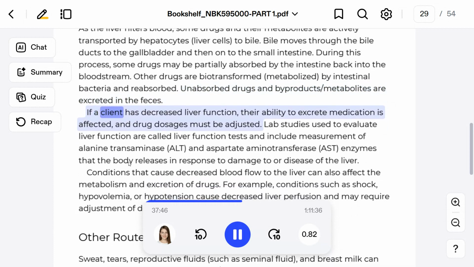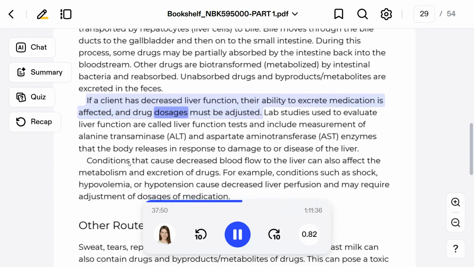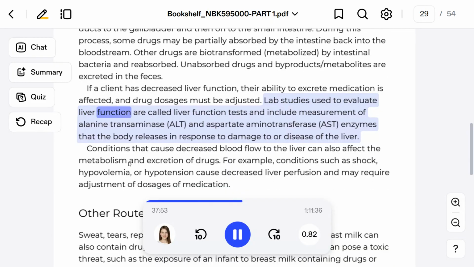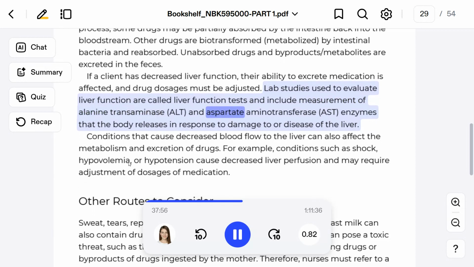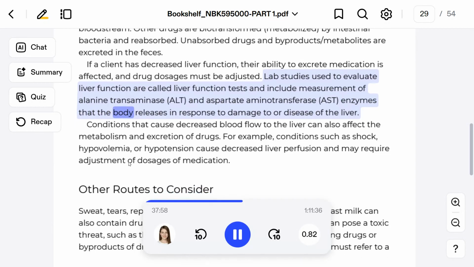If a client has decreased liver function, their ability to excrete medication is affected, and drug dosages must be adjusted. Lab studies used to evaluate liver function are called liver function tests and include measurement of alanine transaminase and aspartate aminotransferase enzymes that the body releases in response to damage to or disease of the liver.